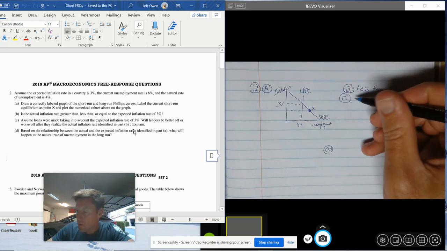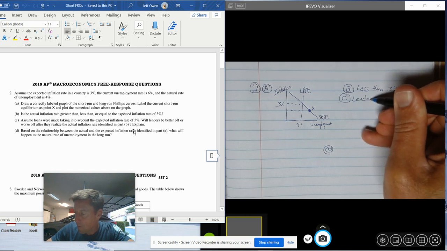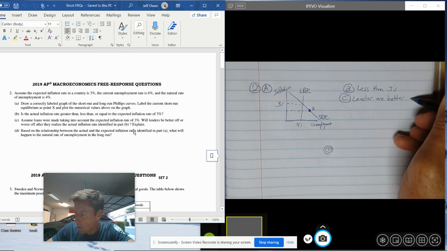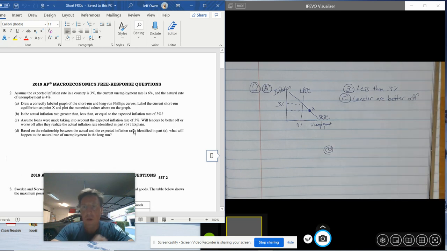So lenders are going to be better off. Why? It's always borrowers that are hurt by unanticipated inflation. This is going to be deflation, right? And so in this case, lenders are going to be better off because it's deflation.